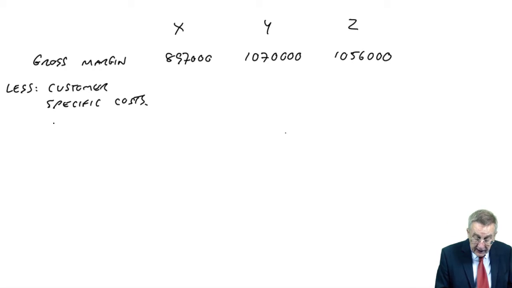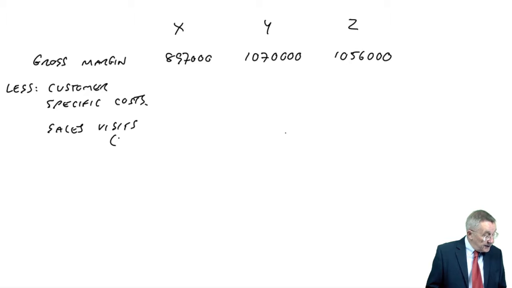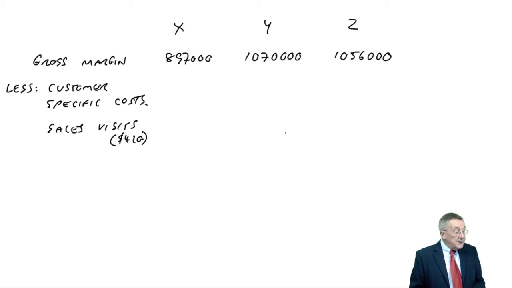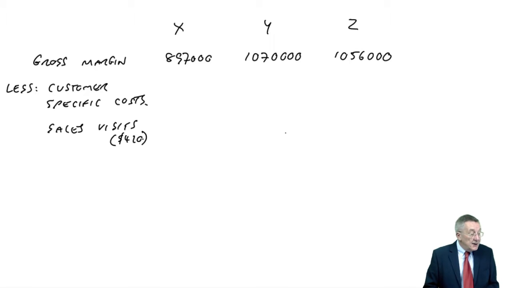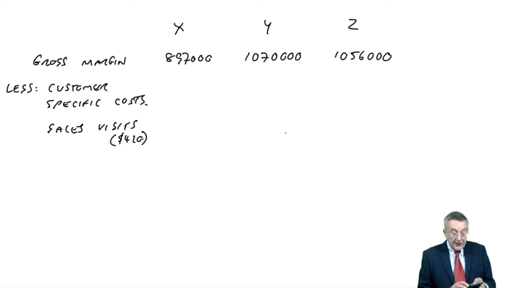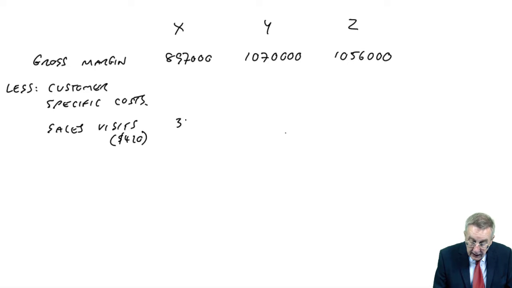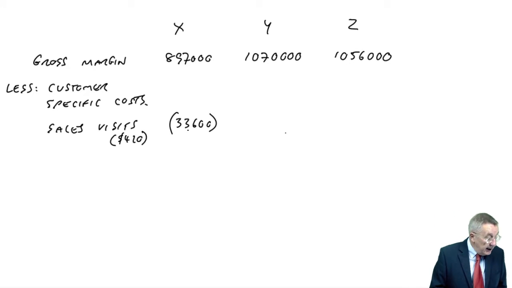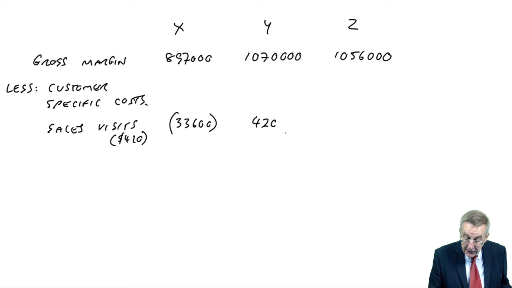First of all, what about these sales visits? Each visit costs $420. I shouldn't need to write down the workings. For X, there are 80 visits at 420 each time, so it's costing us 33,600 to visit X. For Y, 100 visits at 420 each time is 42,000.